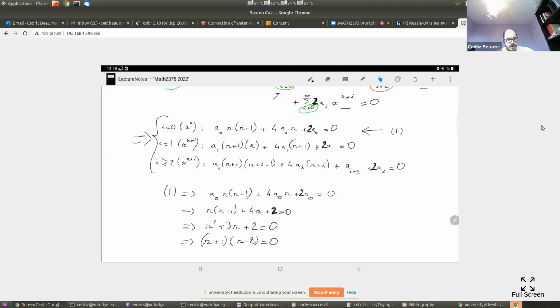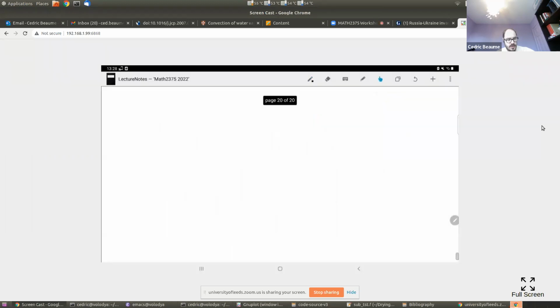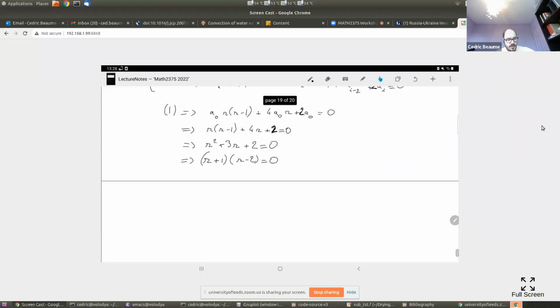So what we get here is 2 solutions for this equation. Sorry, R squared, then 3r, then I get plus 2. So it's plus 2. So what we get here is 2 solutions. We get either r equals -1 or r equals -2. Okay, we have 2 solutions here.